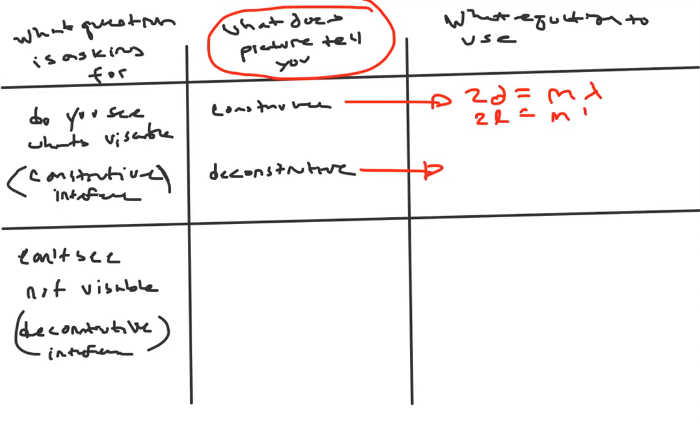I'm not going to write it both. Well, if there's room, I guess I can. And then you can write this as 2D lambda or 2L.